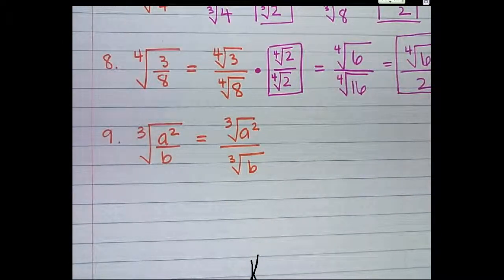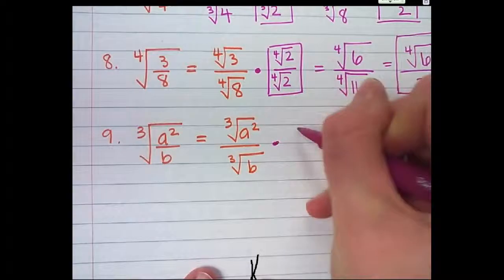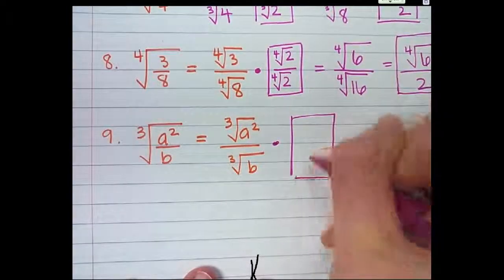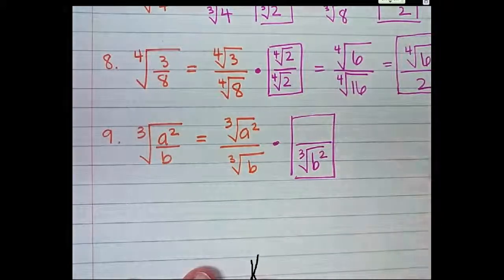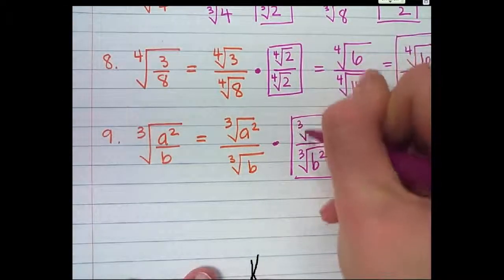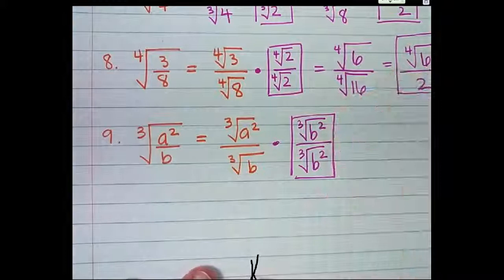I need it to be this, because then I can divide evenly. So I have 1, I need 3, so I need 2 more. So I need this to be cube root of b squared.